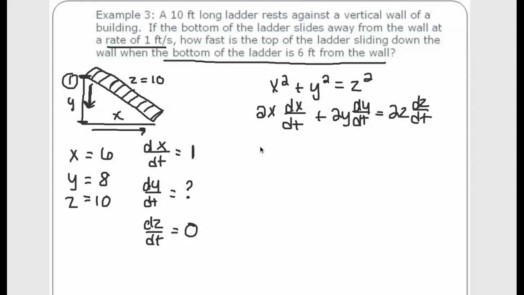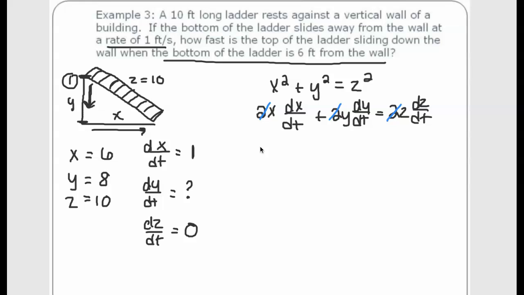And like I said before, anytime you have the Pythagorean Theorem, those 2's are going to go away. So we derived our geometric equation, and now we're going to substitute into it what we know to find what we want to know.